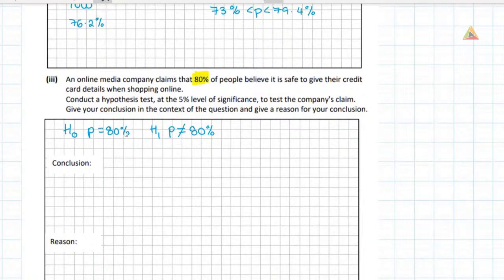So what I see here is I'm going to check, is 80%, this claim, inside my confidence interval from 73% to 79.4%? So 80% is not in my confidence interval.